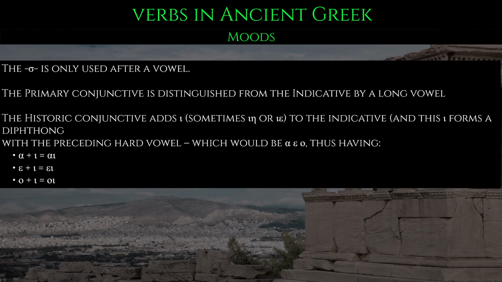The historic conjunctive has iota, sometimes iota and eta or iota and epsilon, to the indicative, and this iota forms then a diphthong with the preceding hard vowel, which would be alpha, epsilon, or omicron, aka A, E, O. Thus, we would have ai, ei, oi.